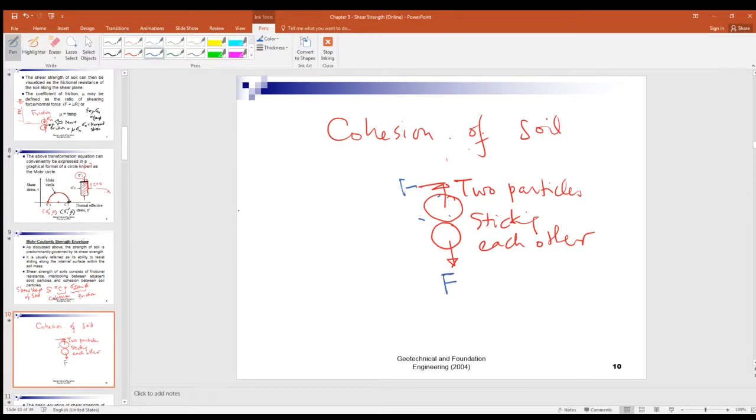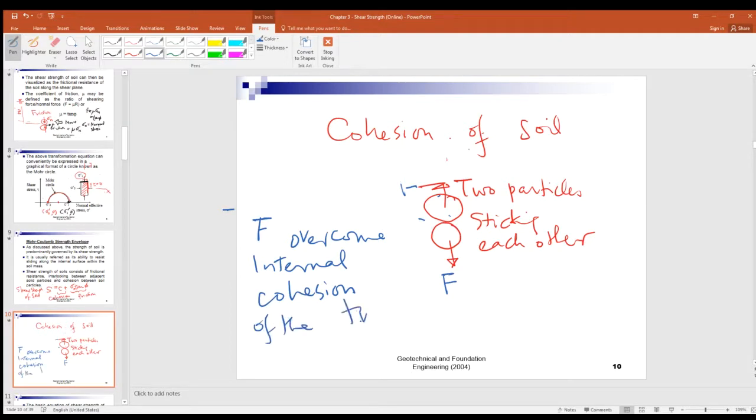The force should overcome the internal cohesion of the two particles before they separate.